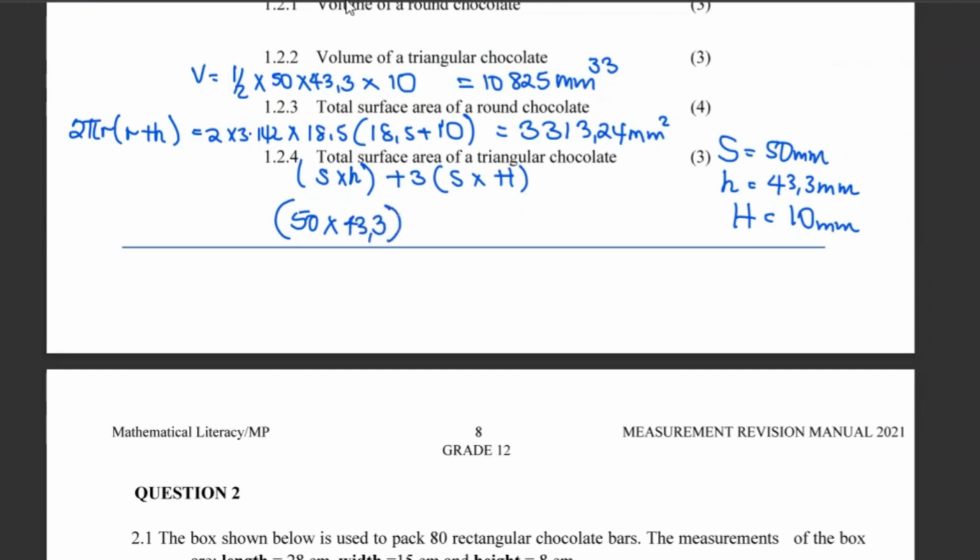I close those brackets. I bring the plus. I put the 3 outside. Open the brackets again. I find another S, which means it's times the capital H, which is 10. I put everything in the formula there.